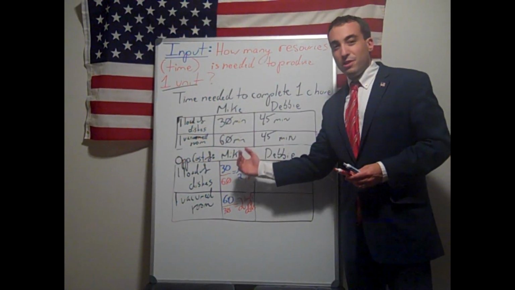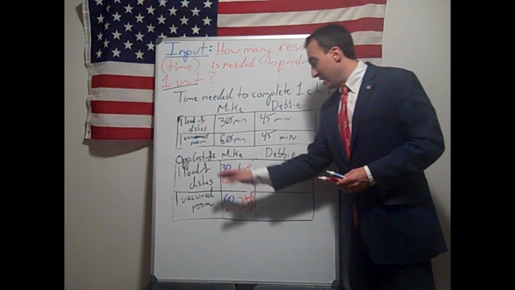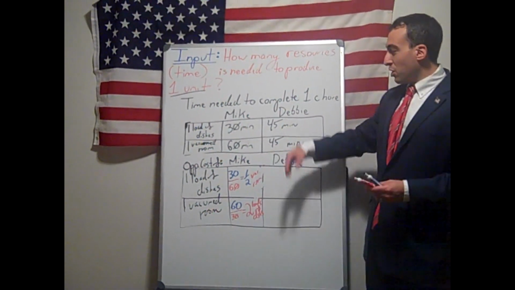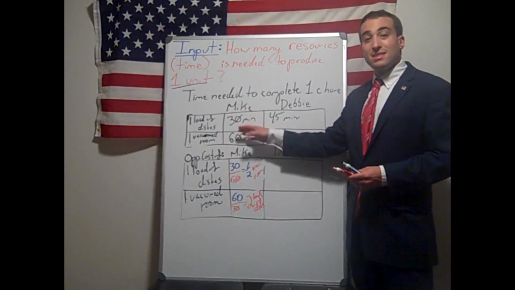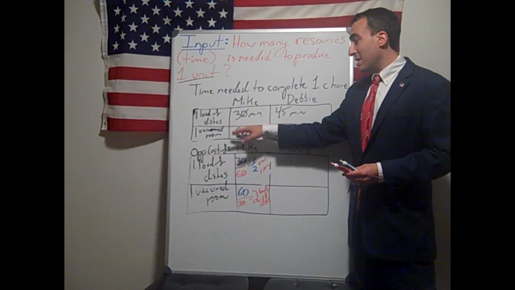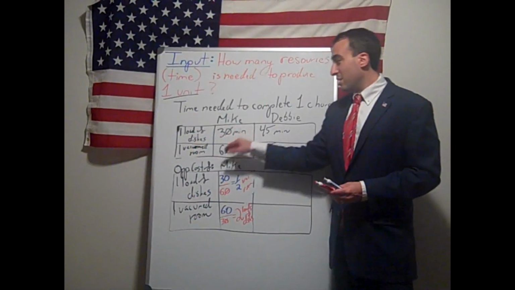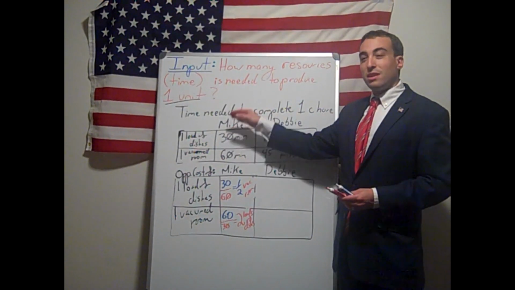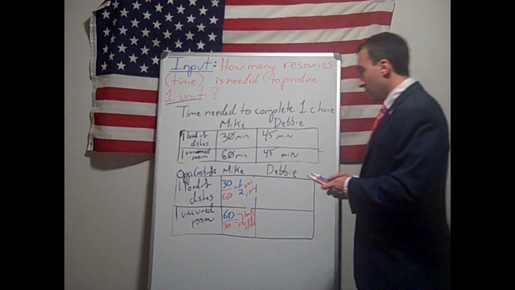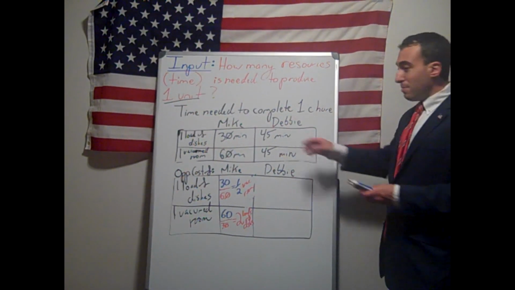So we would say the opportunity cost of one vacuumed room is 2 loads of dishes, which if we go back numerically makes sense. In the 60 minutes it takes him to vacuum a room, he could have done 2 30-minute loads of dishes.